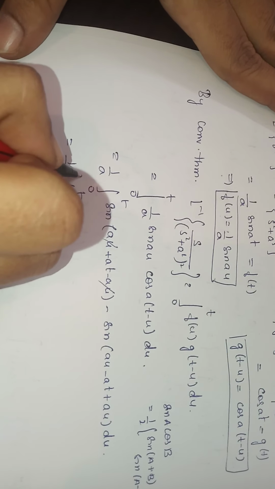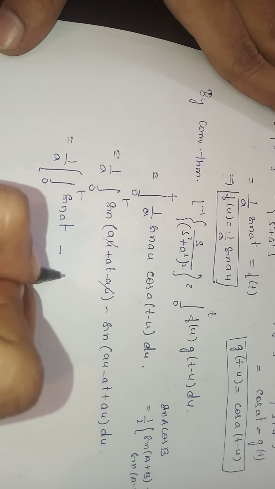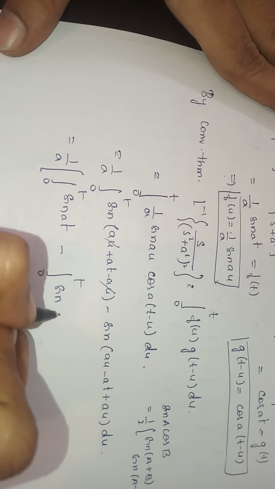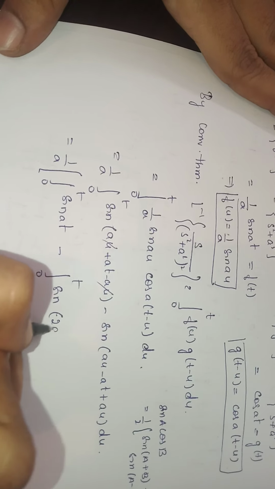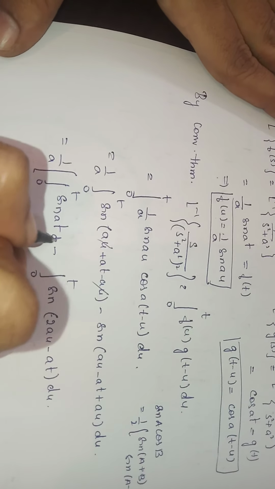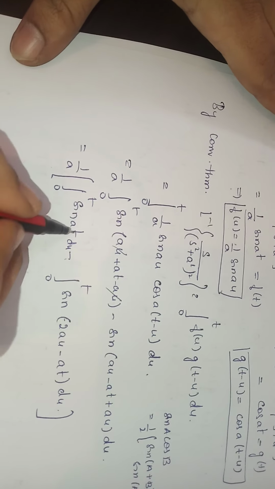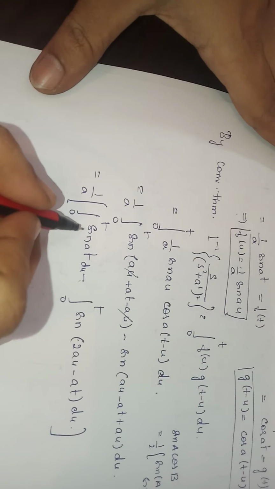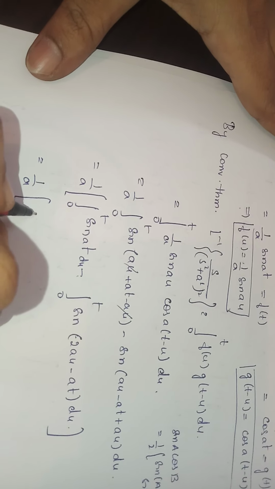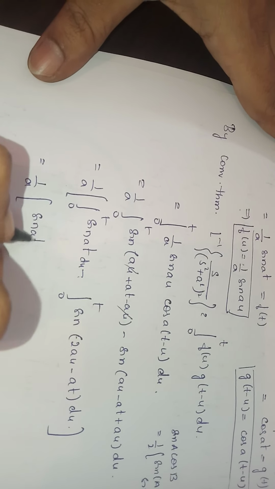If you want you can separate the limits now, minus integral 0 to t sine of, this becomes 2au minus at, du. Now see that here we are doing integration with respect to u, so sine at is a constant.